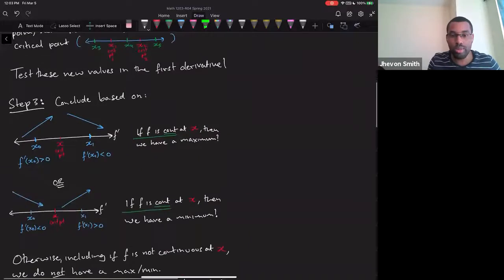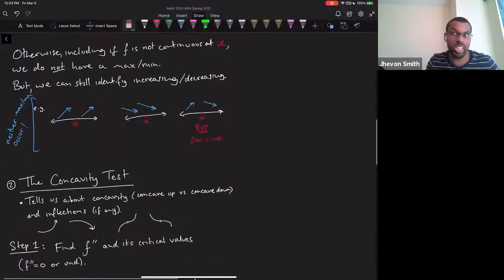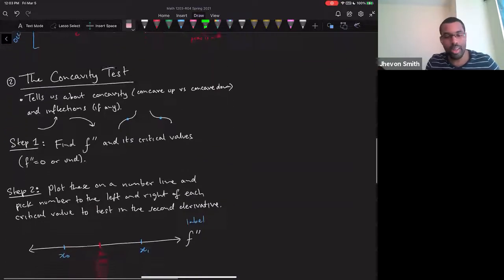Plug those into the first derivative. Whether you get positive or negative, positive means it's going up, increasing, negative means it's going down. And if you're continuous at a point and you went up before and down after, then that point is a maximum. If you're continuous at a point and you went down before and up after, that point is a minimum. In any other scenario, it's not a maximum or a minimum.